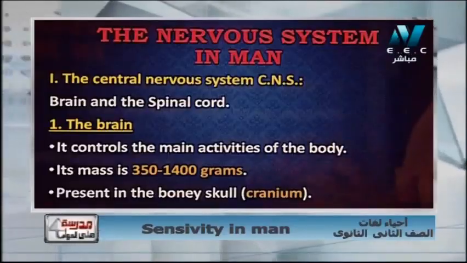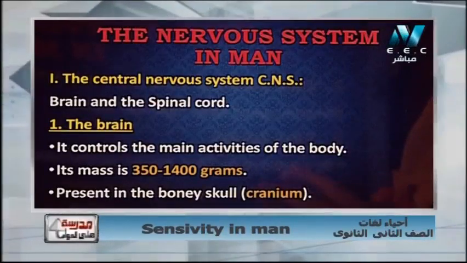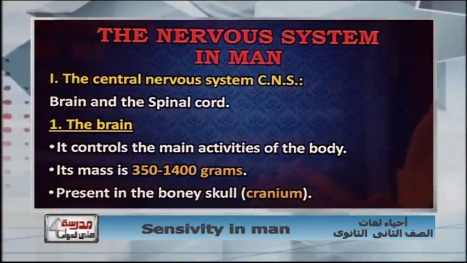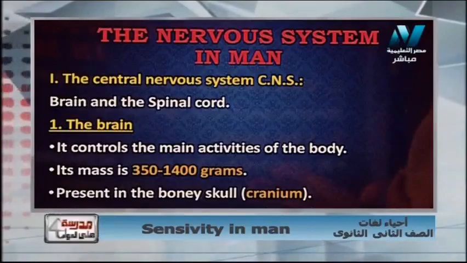And of course, the brain controls most of the body activities. It is present in the cranium, and this cranium is a bony box, which is the skull.